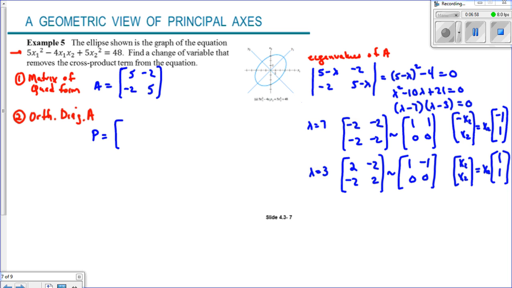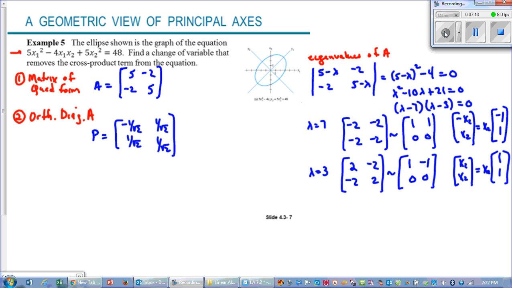Each of these vectors has magnitude square root of 2, so P will be minus 1 over the square root of 2, 1 over the square root of 2, 1 over the square root of 2, 1 over the square root of 2. And our diagonal matrix D will have the eigenvalues on the main diagonal.